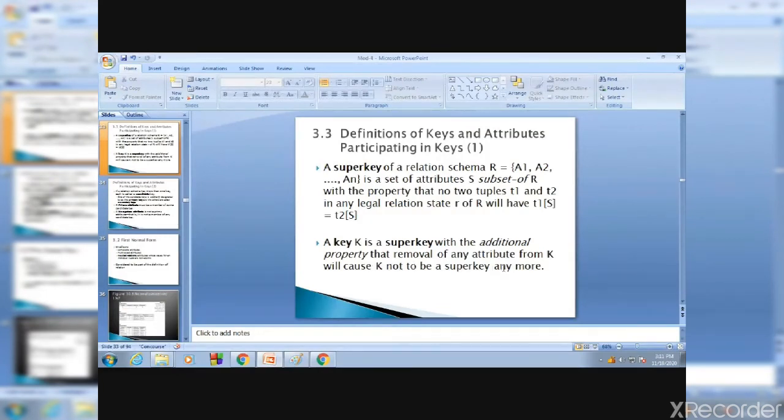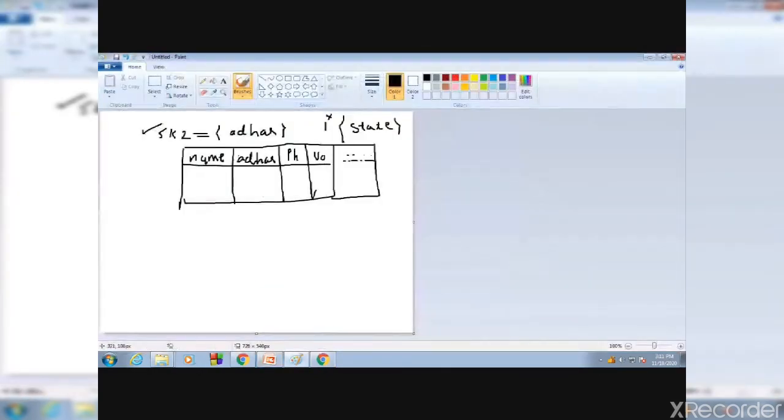Just the reverse way of what I told. Suppose we have Aadhaar card number, then name, then state. Consider removal of any attribute from here.